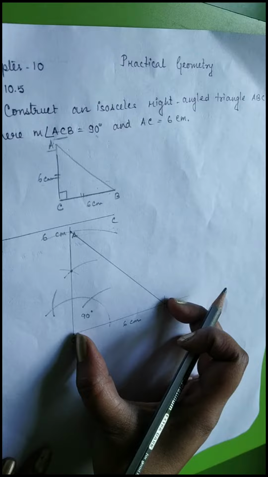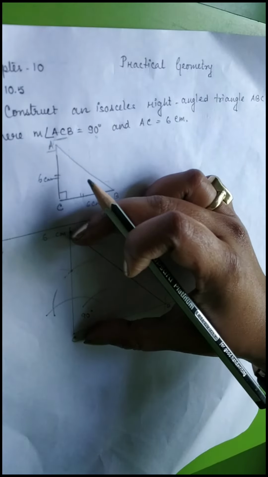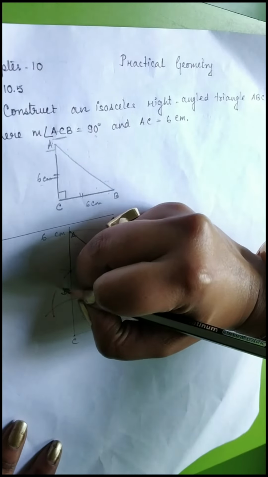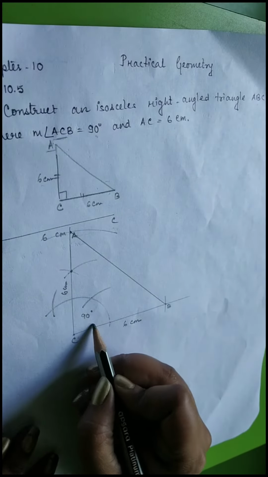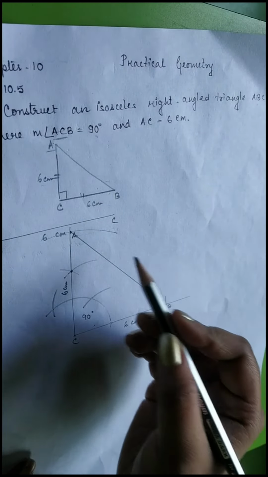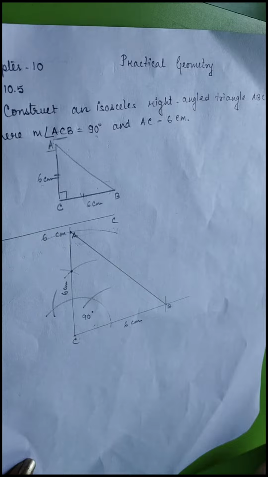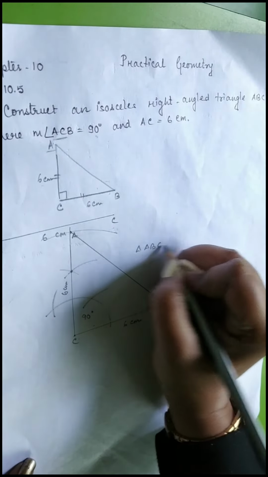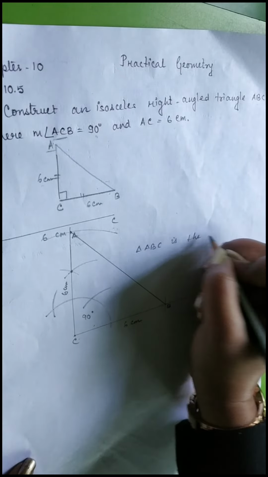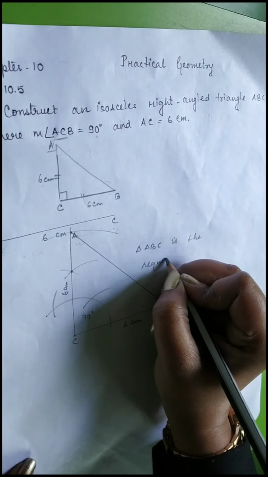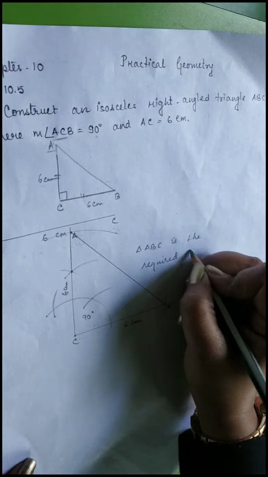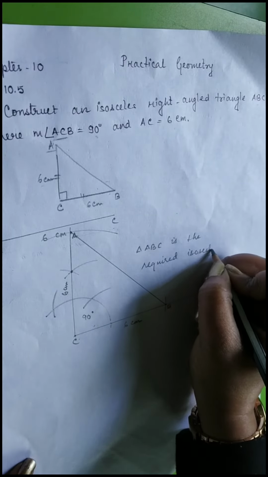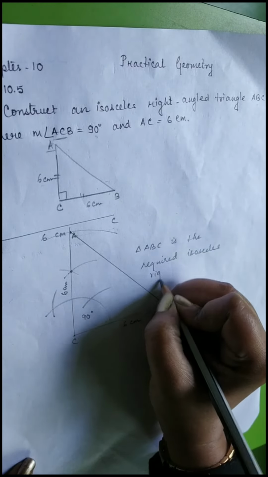So this is 6 centimeter, this is also 6 centimeter, and angle C is 90 degrees. So this is an isosceles right angle triangle. So we'll write, triangle ABC is the required isosceles right angle triangle.